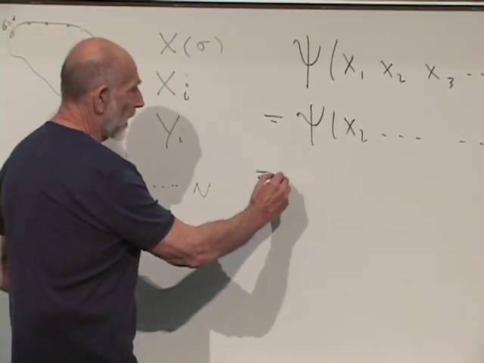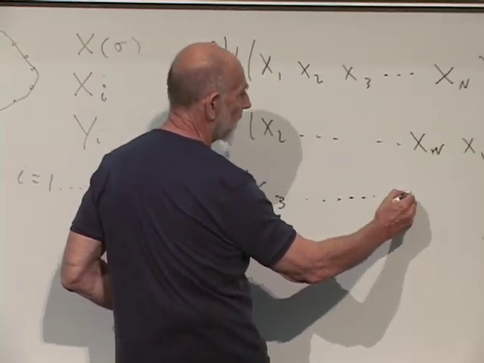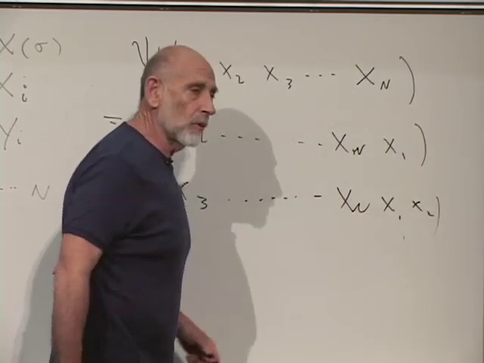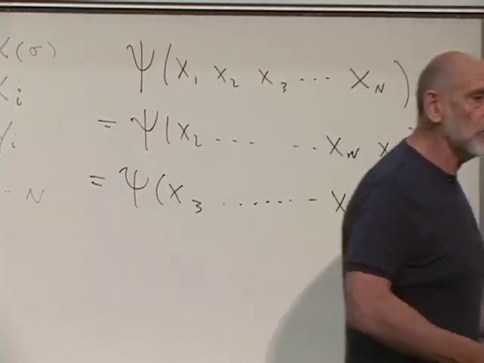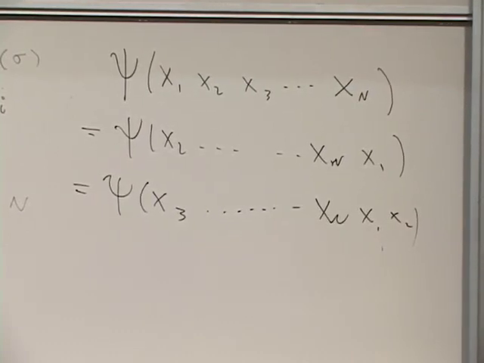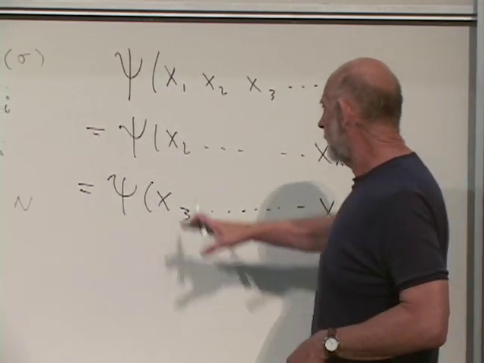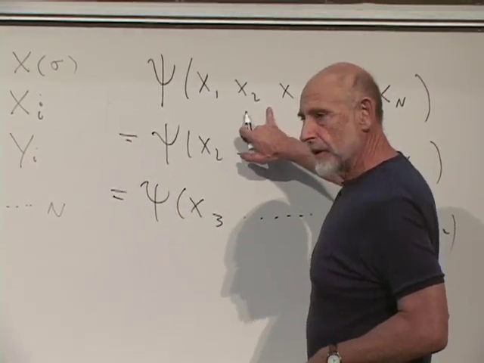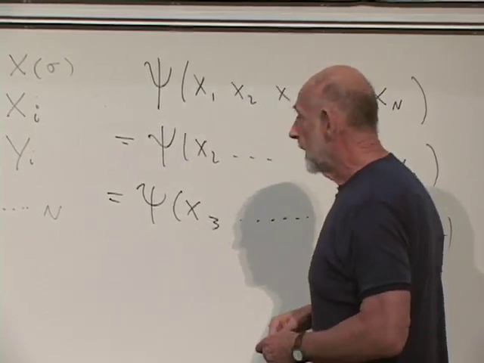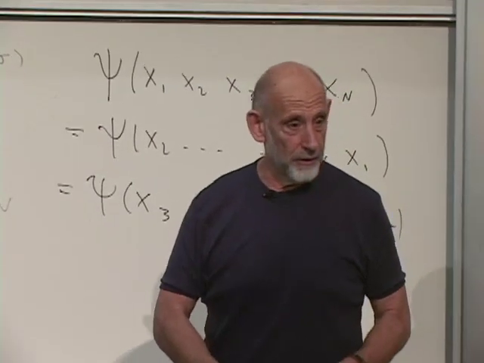It should also equal psi of x3 dot dot dot xn, x1, x2. In other words, the wave function should be invariant with respect to shifting the label I from I to I plus 1.